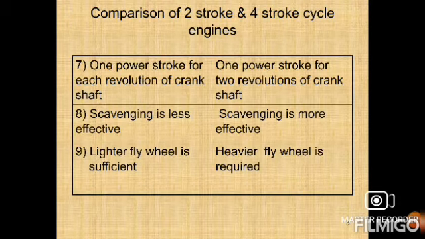Then there is more wear and tear and more noise in operation of two-stroke engines generally, while four-stroke engines have less wear and tear and less noise. Again, one power stroke for each revolution of the crankshaft in two-stroke engines, and one power stroke for two revolutions of the crankshaft in four-stroke engines. Scavenging is less effective in two-stroke engines, but more effective in four-stroke engines.